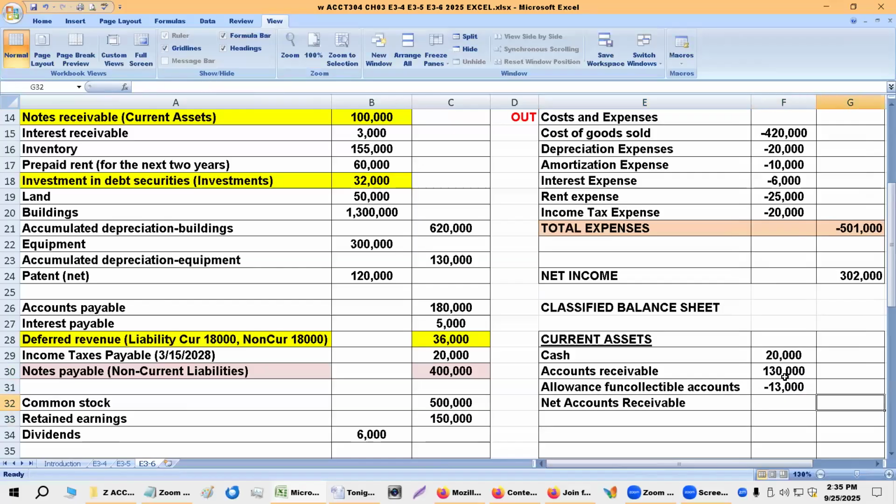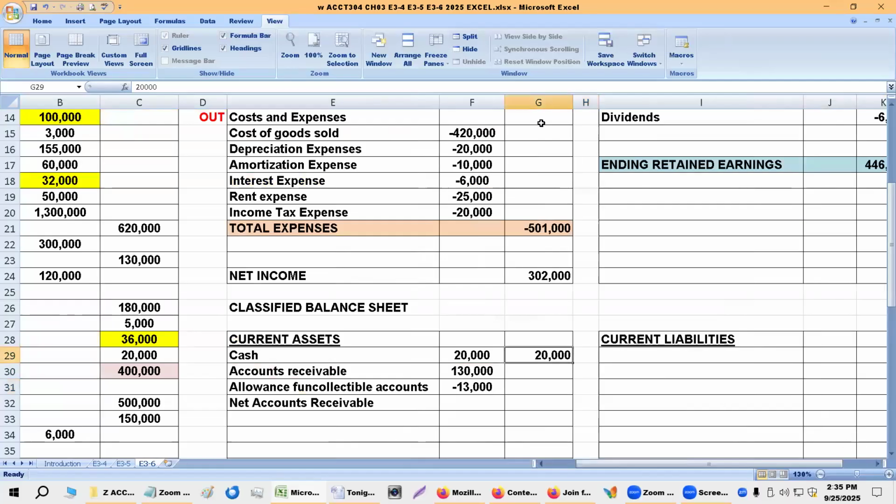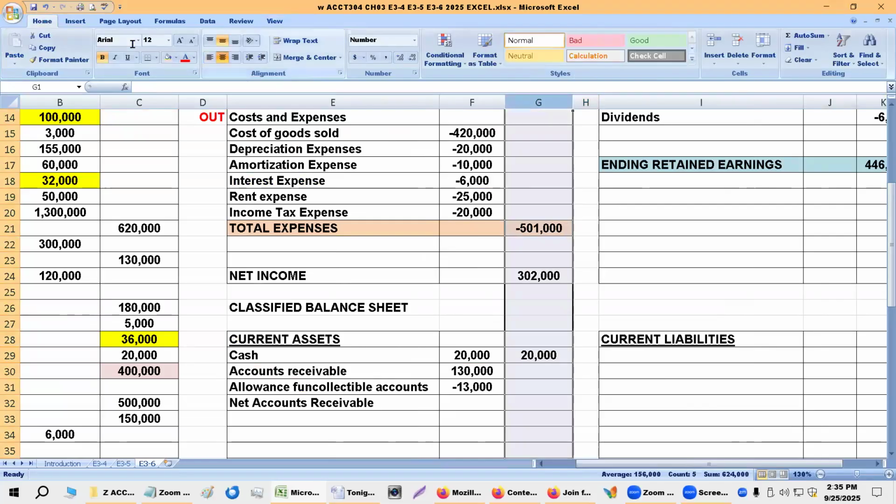You know what? I just realized I should be doing this over here. All right. So let's be the accounts receivable.